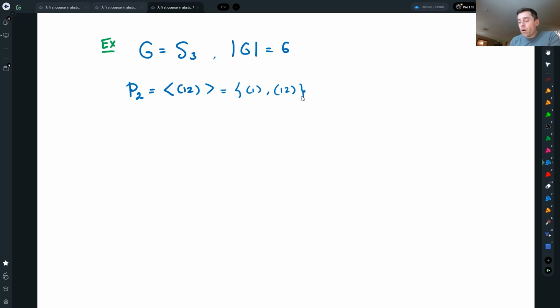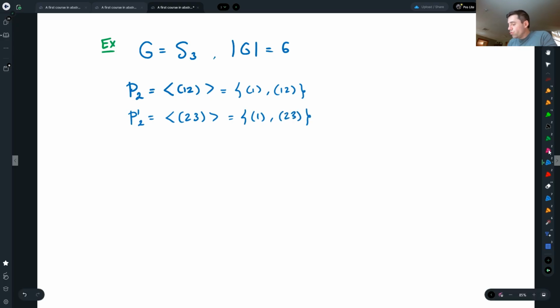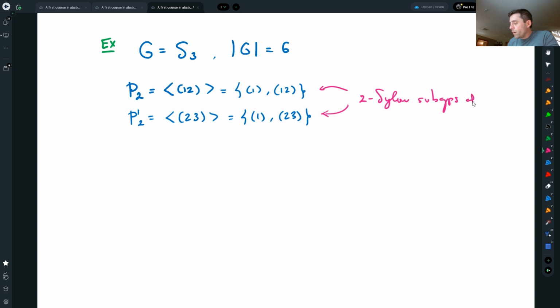But notice that there are more. For example, the one generated by (2 3) is another subgroup of order 2. So these two are examples of 2-Sylow subgroups of S3. And there are more.